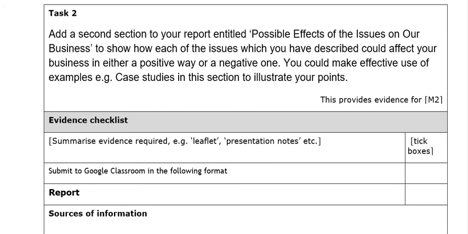So what it's really saying is, in the first part of the report we could talk generally about a business, but for task 2, this is a merit task. We're evaluating particularly your particular imaginary business. So how will your imaginary business be affected by those things you've already made note of in the first part of your report?